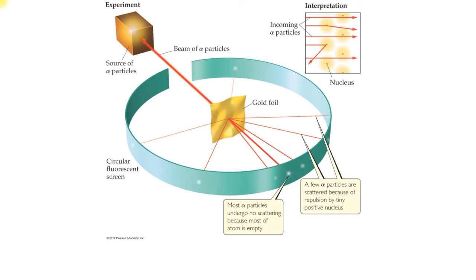Protons were discovered by a man named Ernest Rutherford. And the story goes, now Rutherford was a very good teacher. He had a lot of students who made huge advances in science during his era. But the story goes that Rutherford devised this experiment, and basically the way he set it up is to use some of Marie Curie's work, which we're going to learn more about in the next chapter.